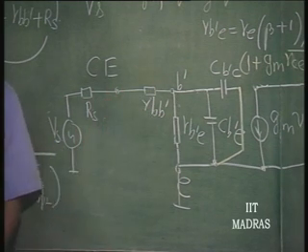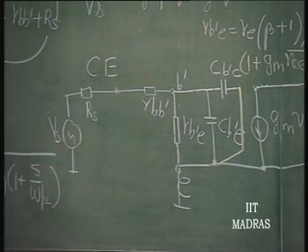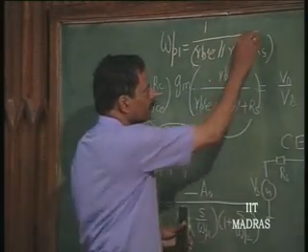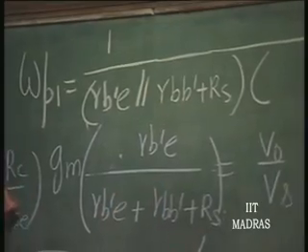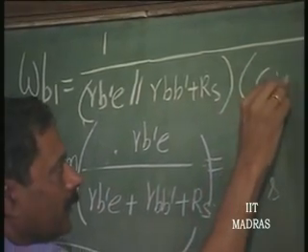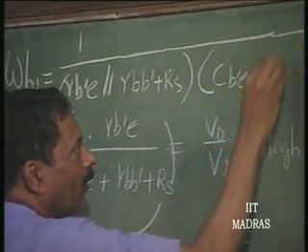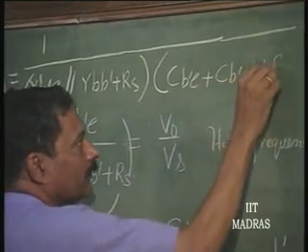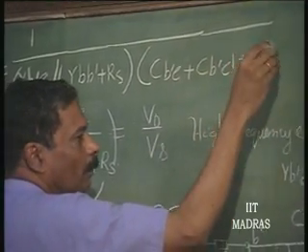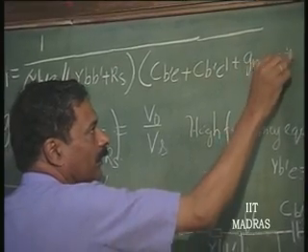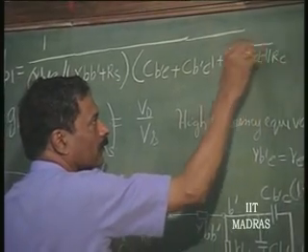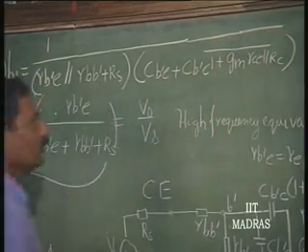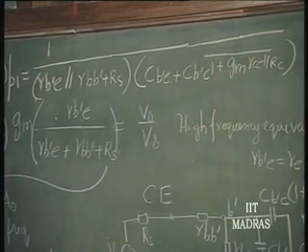So, essentially it will be R B dash E parallel R B B dash plus R S into C B dash E plus C B dash C into 1 plus G M R C E parallel R C. So, that is omega P 1.